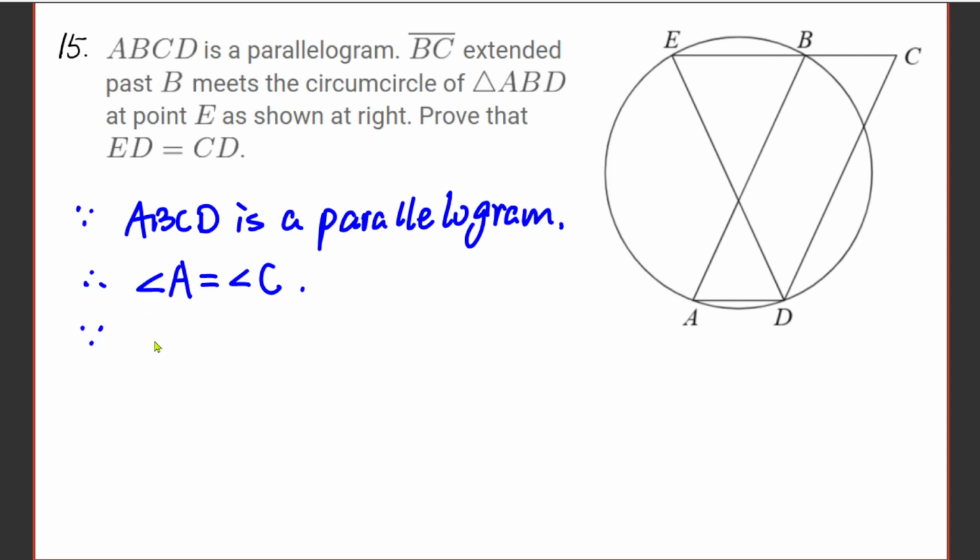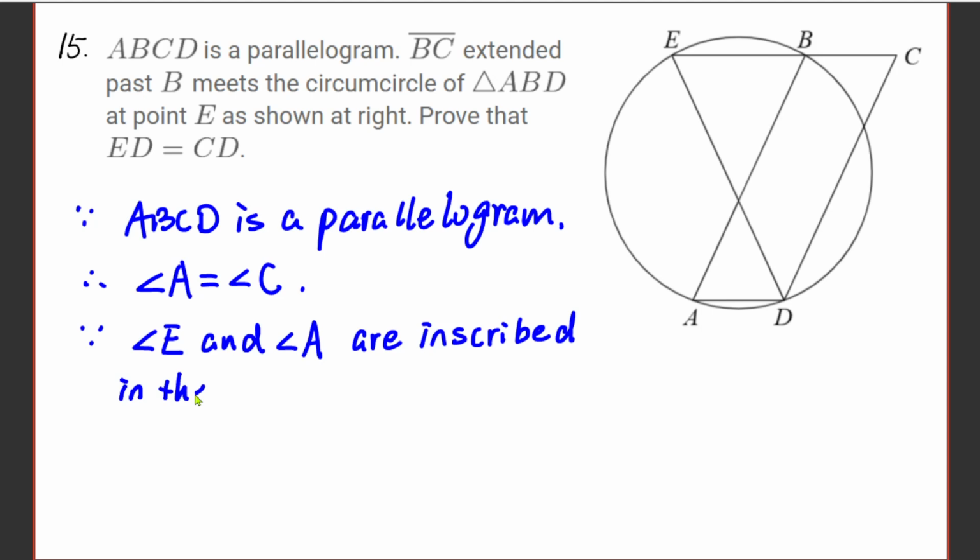And also since angle E and angle A are inscribed in the same arc, BD, we have angle E equals angle A, right?